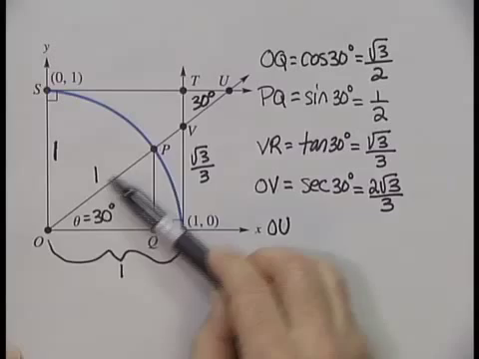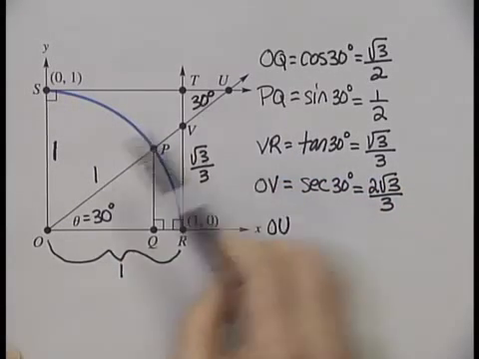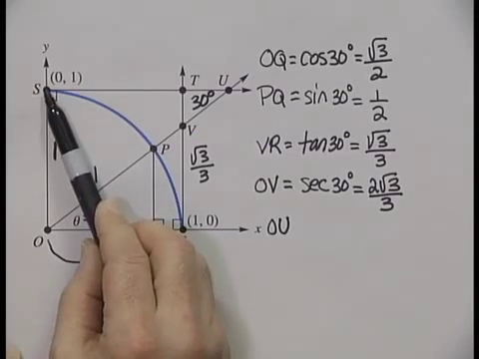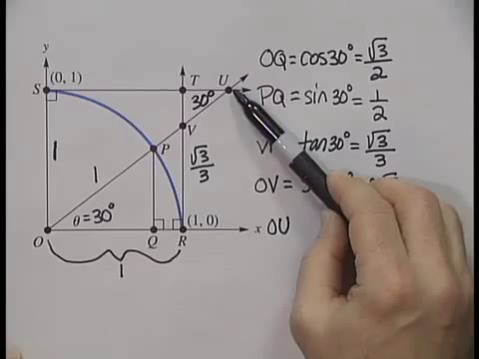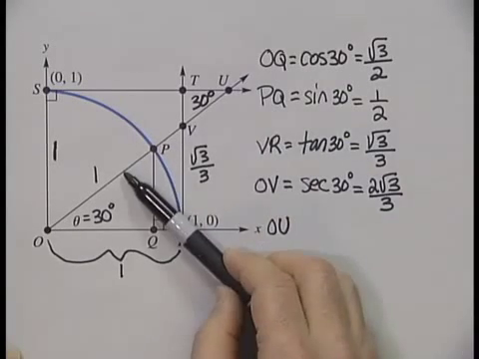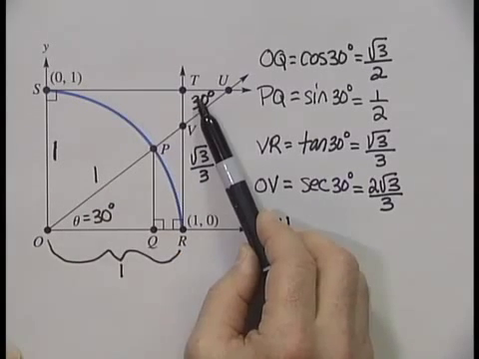So now what we see is we have this triangle here where we know 30 degrees is this angle, this side is 1. We're looking to find from O to U, which is the hypotenuse of this triangle. So we have the hypotenuse and the side that is opposite angle 30 degrees.